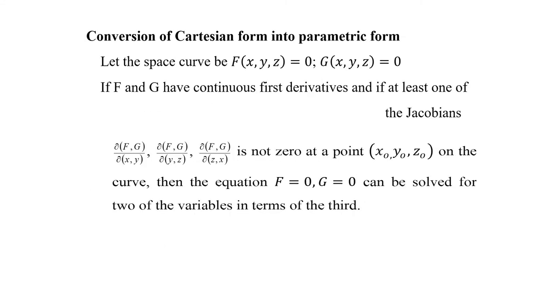The next one is conversion of Cartesian form into parametric form. Let the space curve be f = 0 and g = 0.